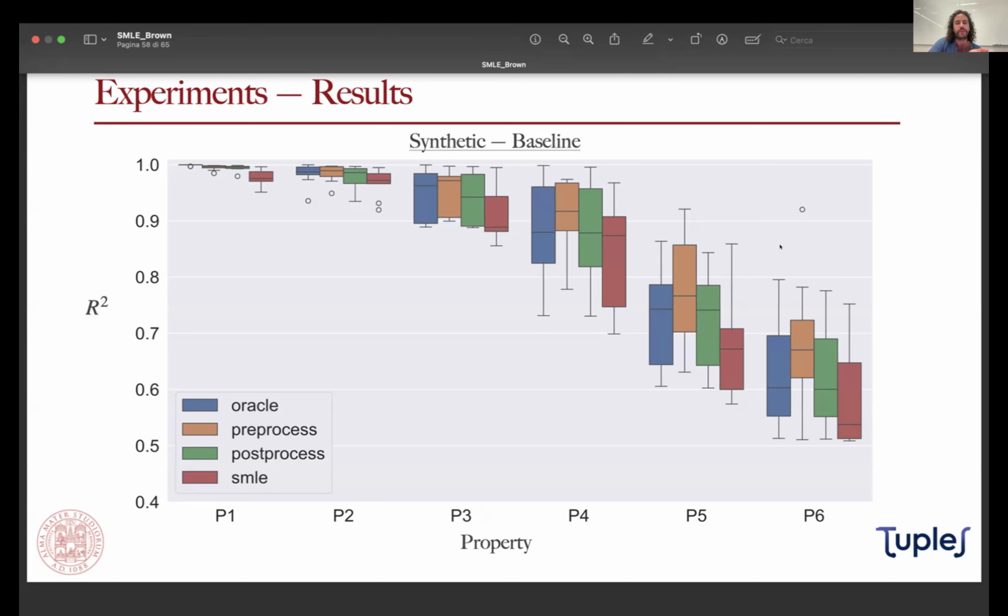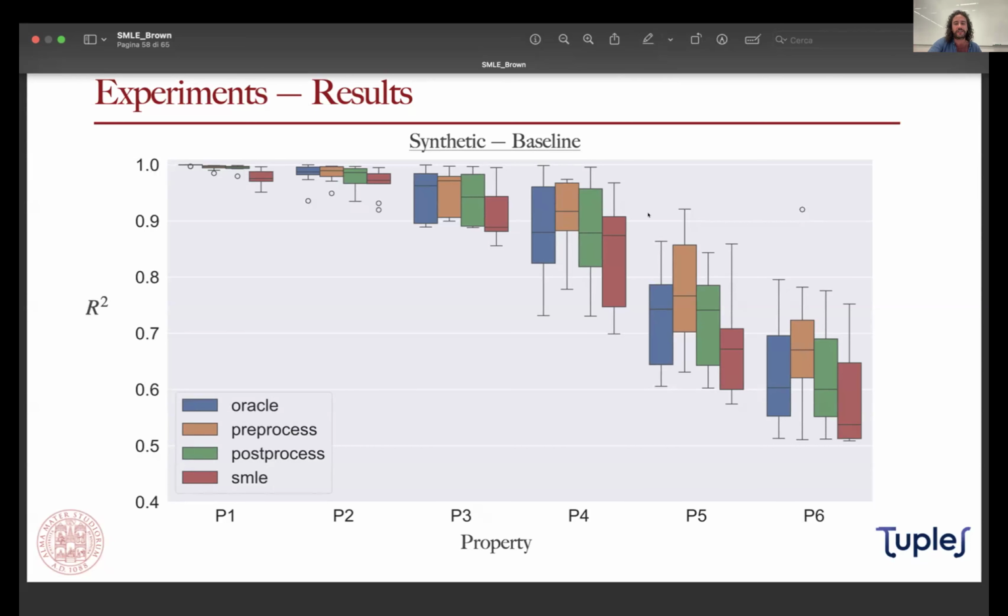The final observation is that SMLE is quite good, okay? So SMLE is not as good as its competitors, the red model, our model, but it has the main advantage that, one, it is feasible, okay? It guarantees the satisfaction of the property, unlike pre-process. And on the other side, it is also efficient.